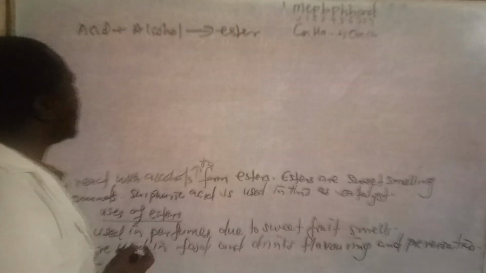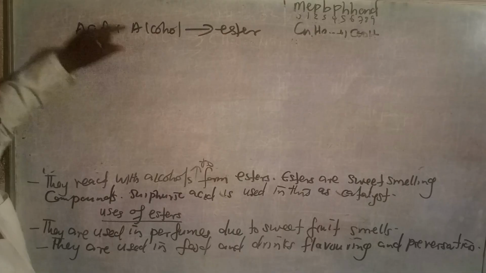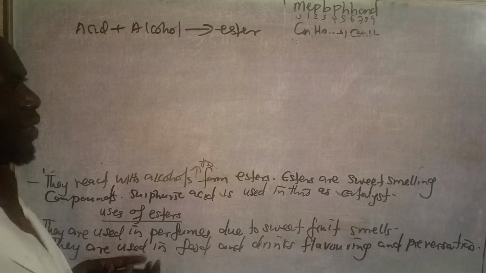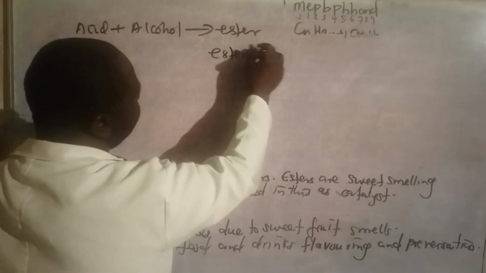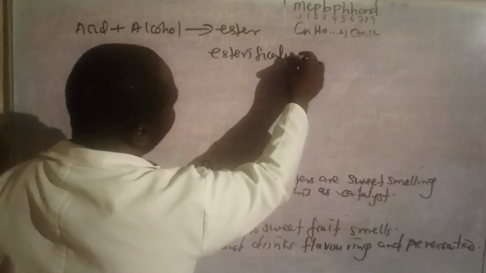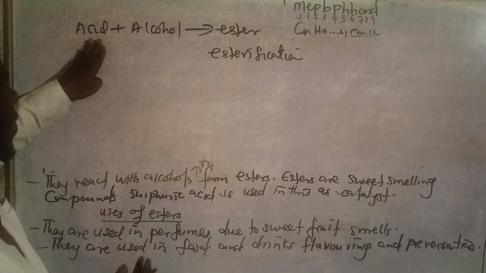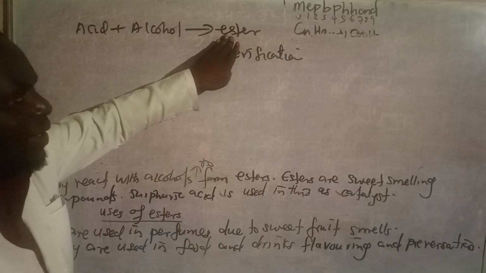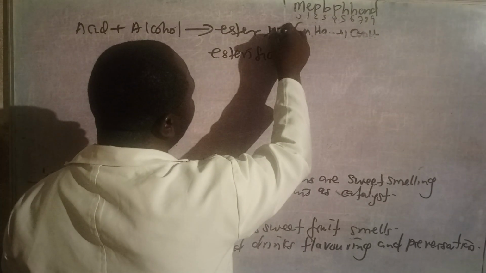Ester is a compound formed when acid reacts with alcohol, and the reaction is called esterification. So the product formed when acid reacts with alcohol is called ester, and water is also formed here.